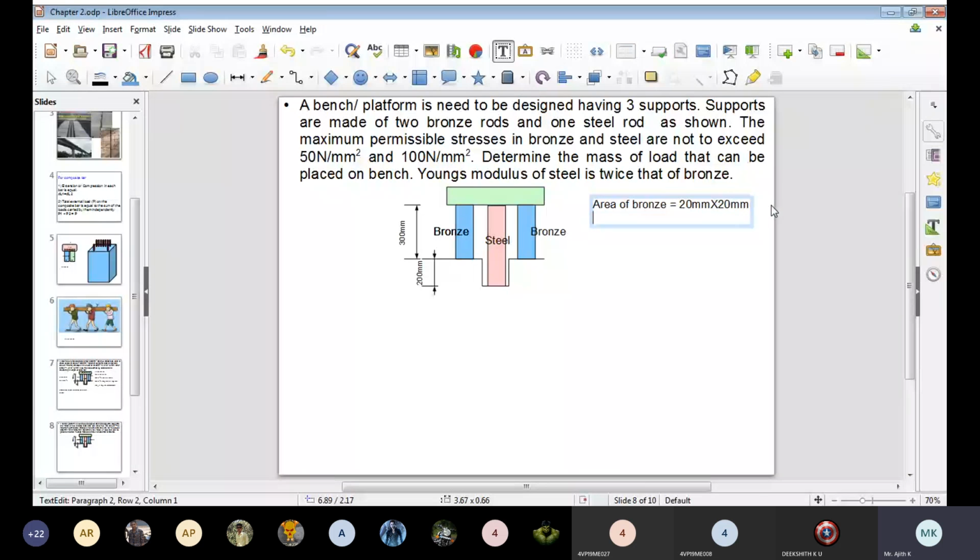And area of steel is 50 into 50, 50 mm into 50 mm. This is given in the question itself.